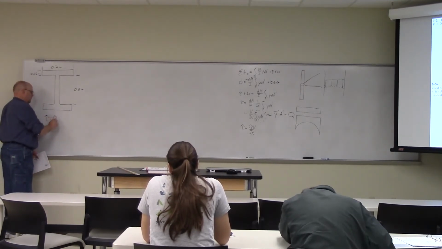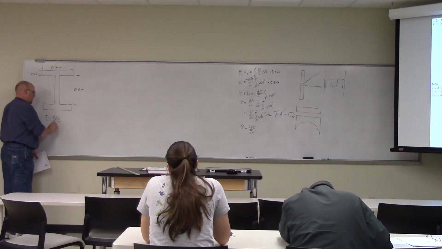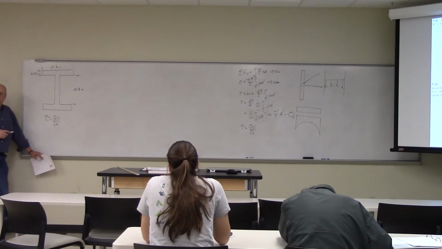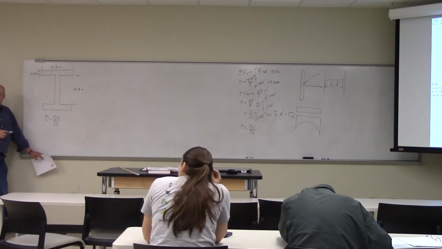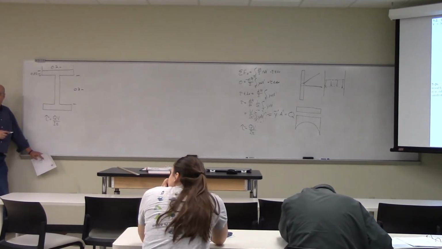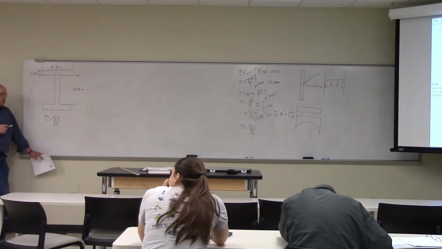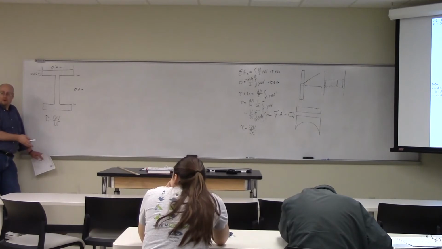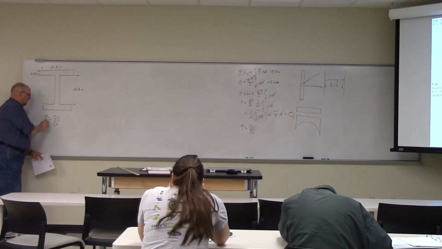So tau equals QV over IT. Are we trying to find tau, or a specific tau? I think we're just trying to find tau, right? Actually, what does it say? Determine the maximum shear stress. So tau by itself isn't just max. Tau is a distribution of shear stress. Oh, right. So we want to find tau max.